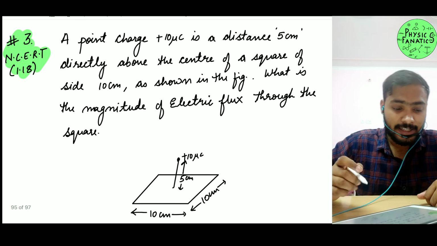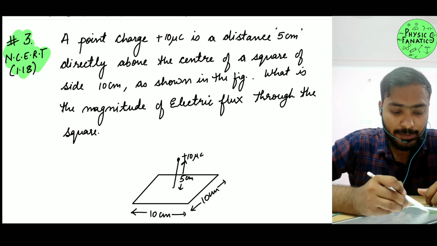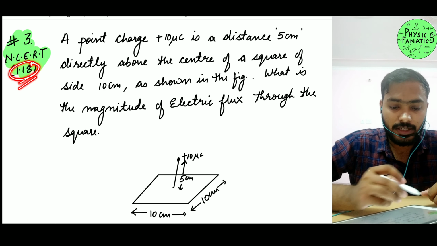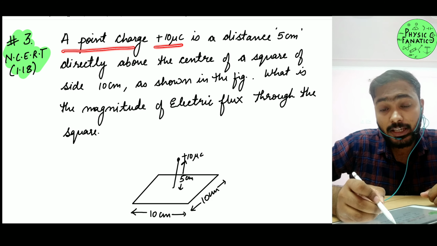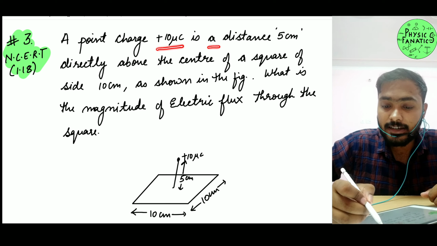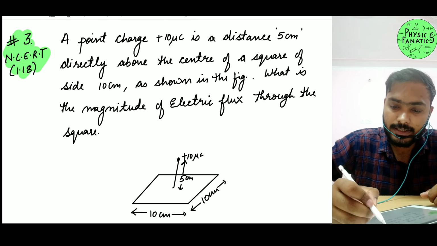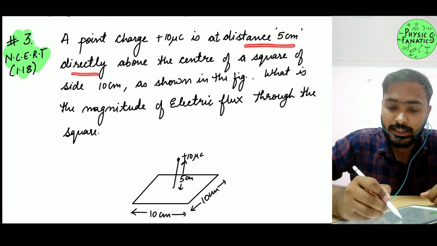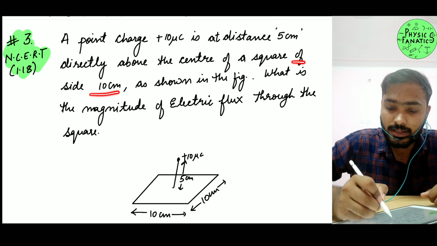Next question, okay, this is an NCERT question. You guys can see this is an NCERT question, back exercise 1.18, right? A point charge plus 10 microcoulomb is at a distance 5 centimeter directly above the center of a square of side 10 centimeter as shown in the figure.